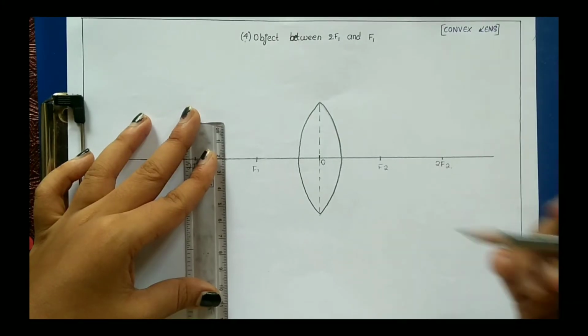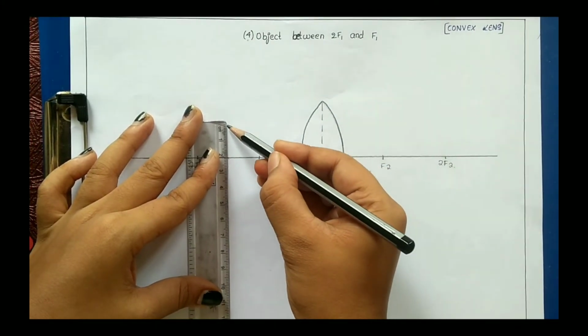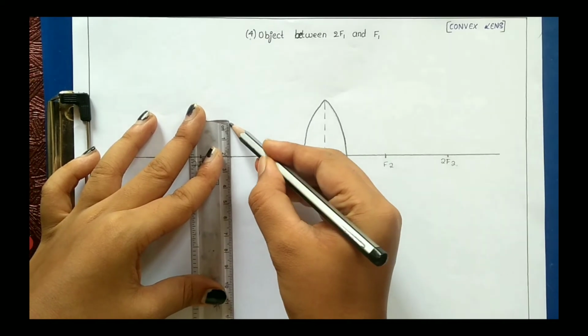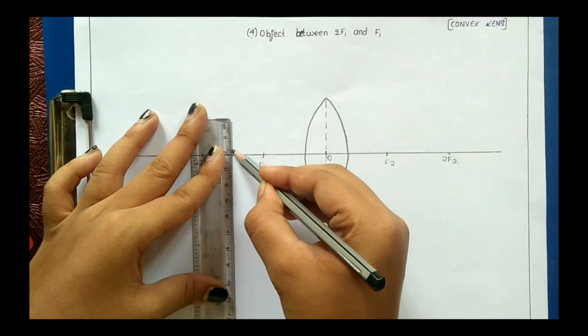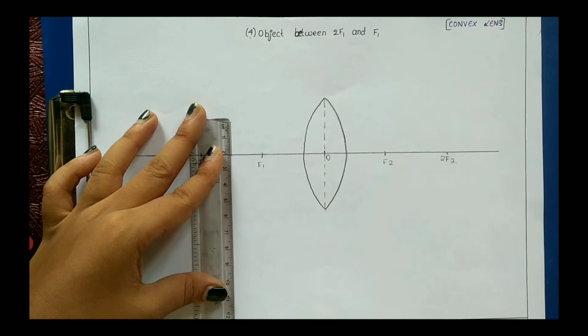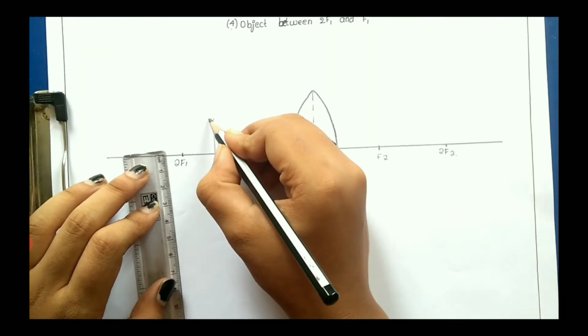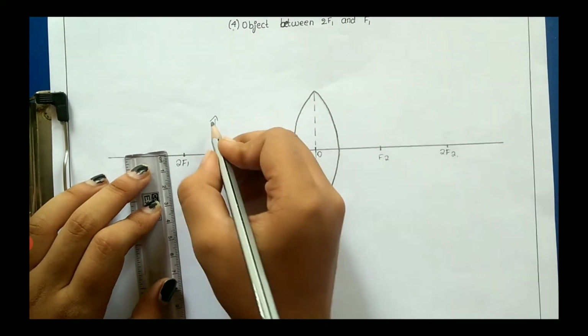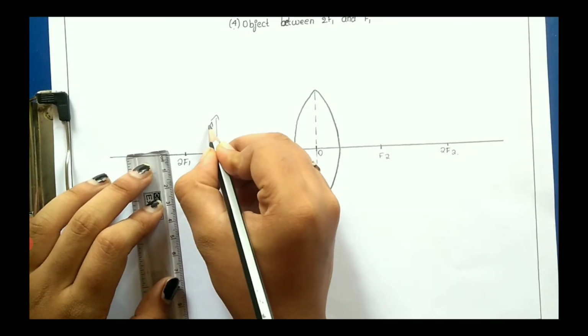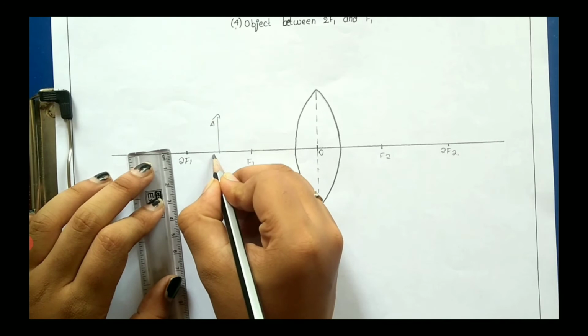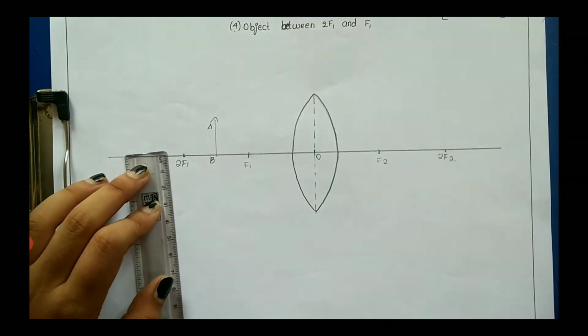Now here the object is between 2F1 and F1. So you mark an object here. Draw the object, that is AB. And here where is the object? Object is between 2F1 and F1, that is between the principal focus and center of curvature.